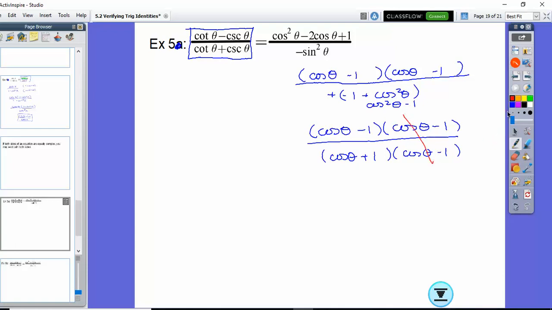Yep. The whole reason we factor is to cancel things out. So I get cosine theta minus 1 over cosine theta plus 1. Okay. We're really just one step from the answer. Does anyone see how to get there?